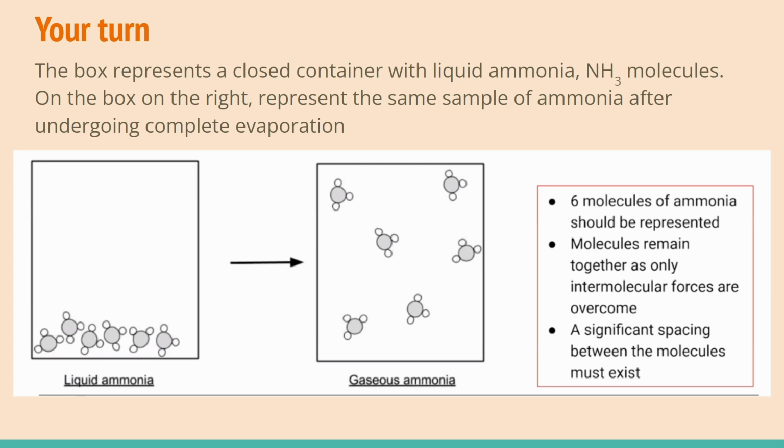So they have the atoms that are bonded to the center, the nitrogen and the hydrogens, but there is no real interaction between one ammonia molecule and another ammonia molecule because of the third bullet point, that there is a lot of space between the molecules.